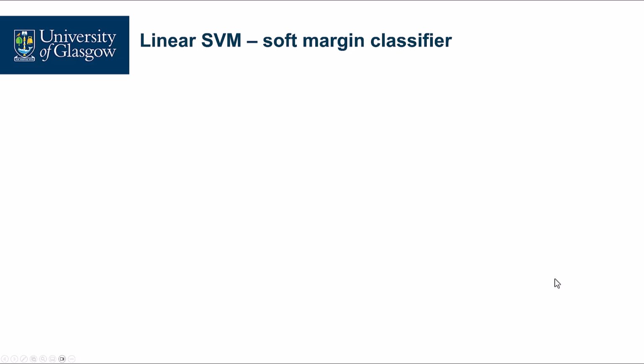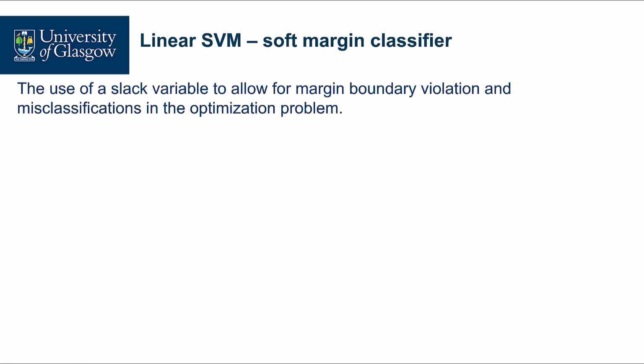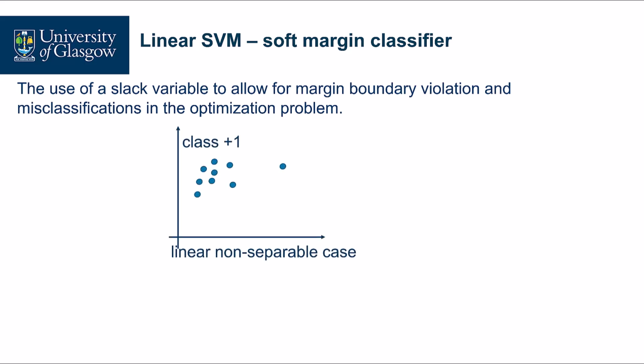In the soft margin classifier, we use a slack variable zeta. The goal is to allow for margin boundary violation and even misclassification in the optimization problem that is solved in the SVM optimization. So we can see here is class positive 1, class negative 1, the hyperplane, and the decision boundaries.